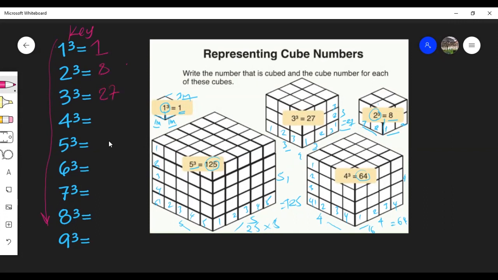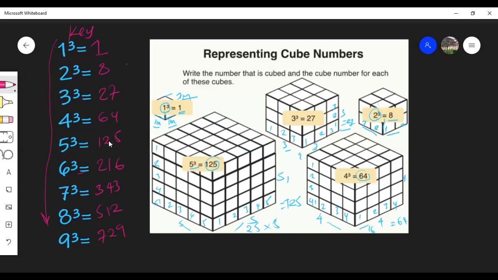If you master this, life is going to be easy with cubes. 4 cubed gives you 64, and 5 cubed is 125, and 6 cubed will give you 216, and 7 cubed will give you 343, and 8 cubed will give you 512, and 9 cubed will give you 729. You will see in the next level why this is necessary.